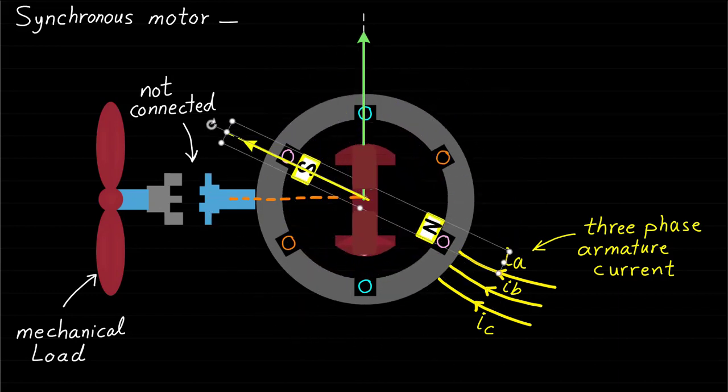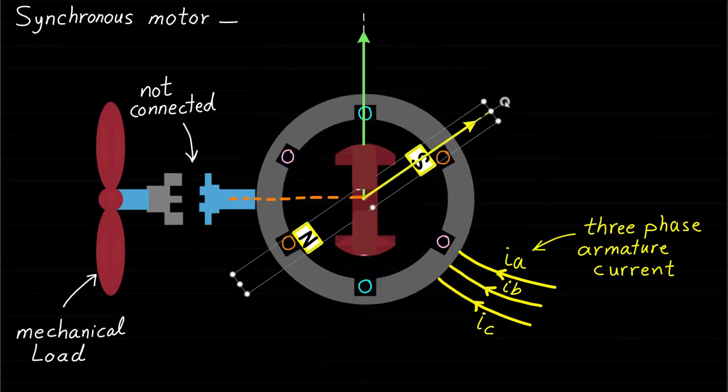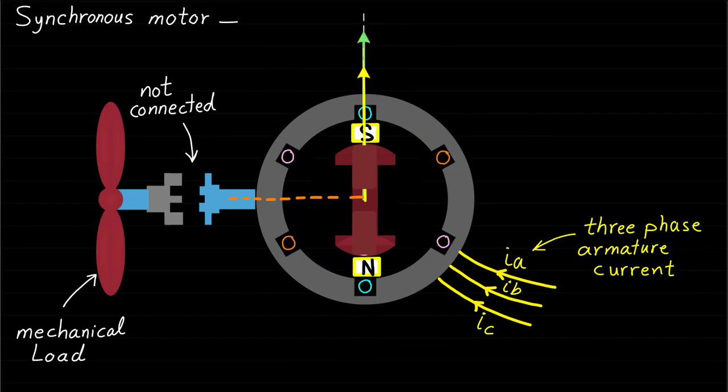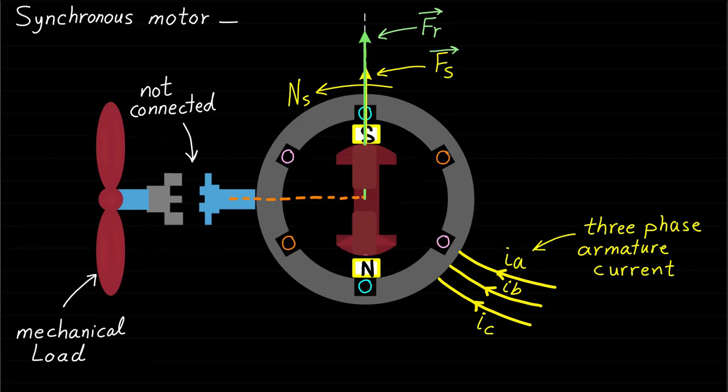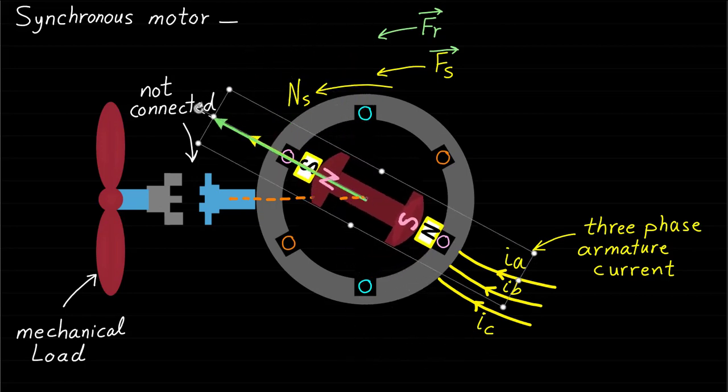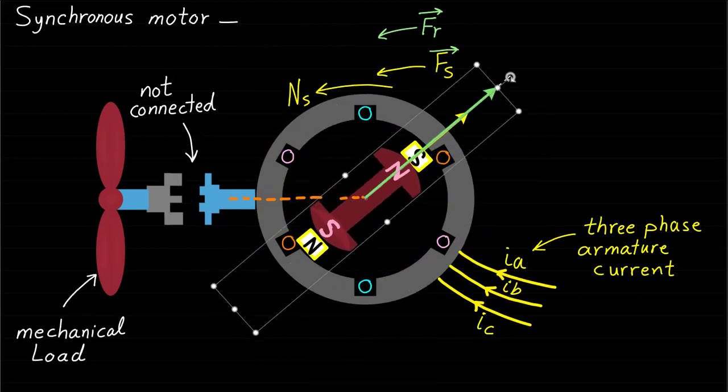Note that the stator rotating magnetic field will be rotating at a certain speed Ns. Let's assume that the rotor magnetic field is already established by a certain field current and the rotor poles start to rotate and follow the stator rotating imaginary poles.